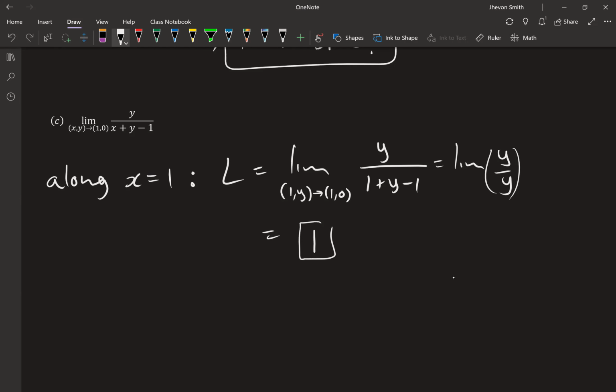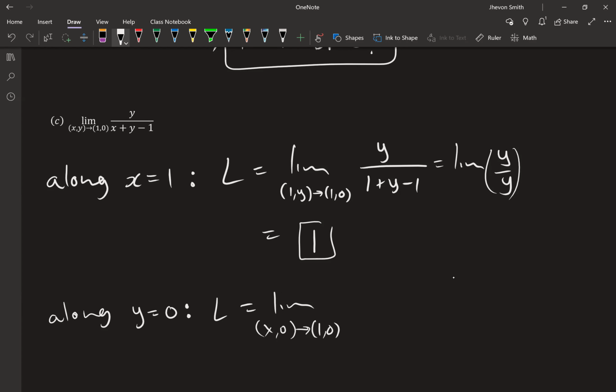All right, another path. Y equals 0. It's another obvious path. Do we ever do two obvious paths at once? Well, yeah, if it's not redundant. If I plug in y equals 0, this is like (x, 0) moving towards (1, 0).